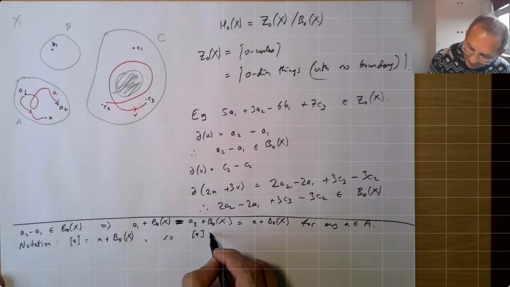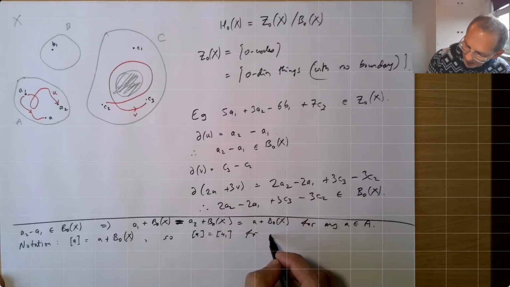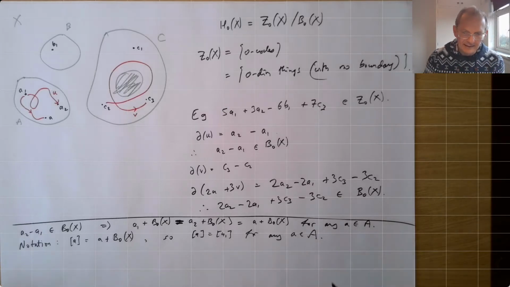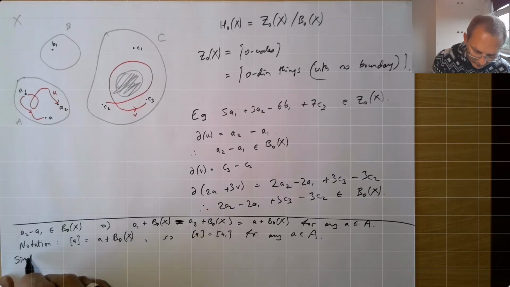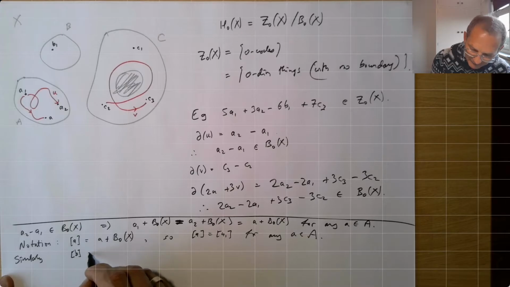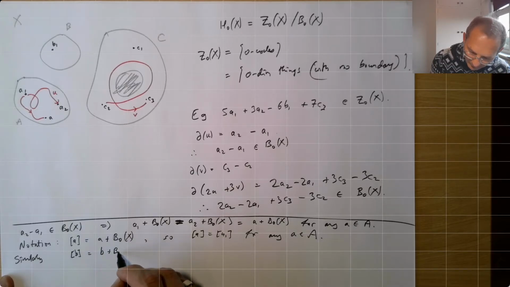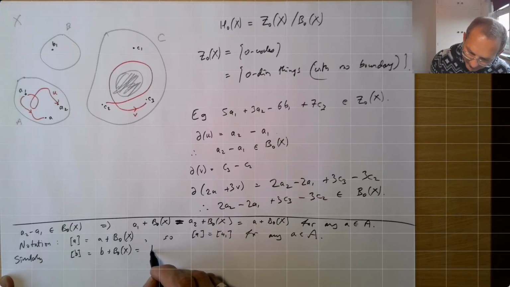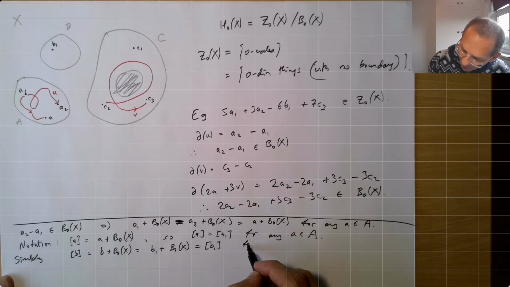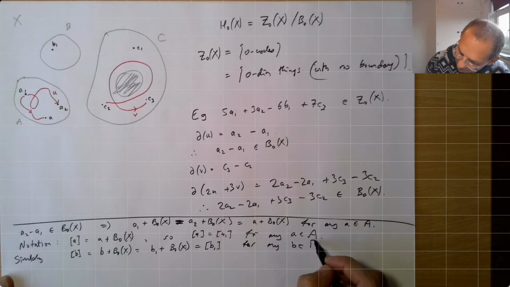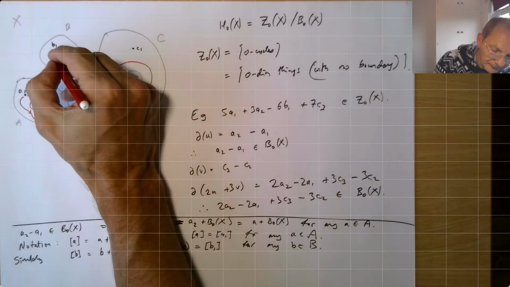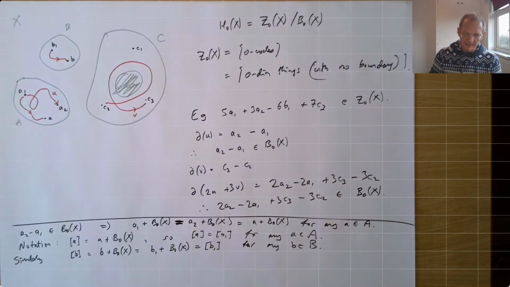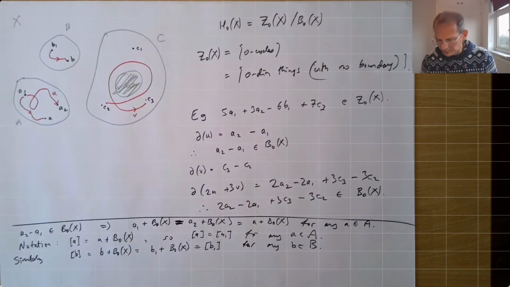So square bracket a is the same as square bracket A1 for any little a in the set capital A. And similarly, square bracket b is the same as B1 plus B0X, or square bracket B1, for any b in B. Again, got a point b here, can always choose a path from B1 to b, and that gives me that b minus B1 is a boundary, and so I get the same coset.